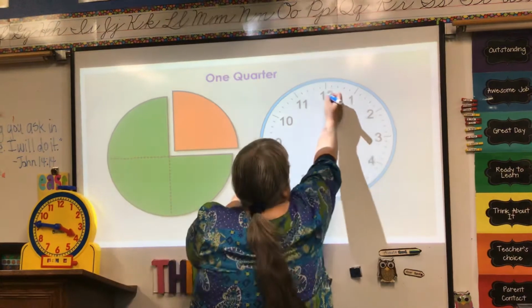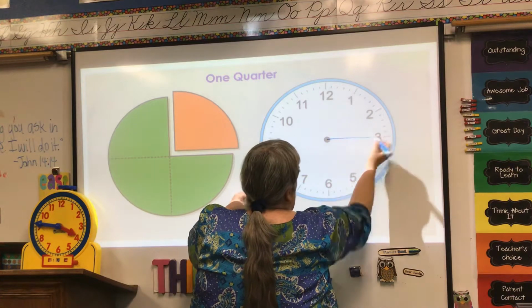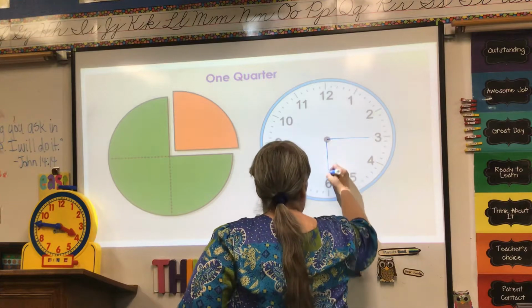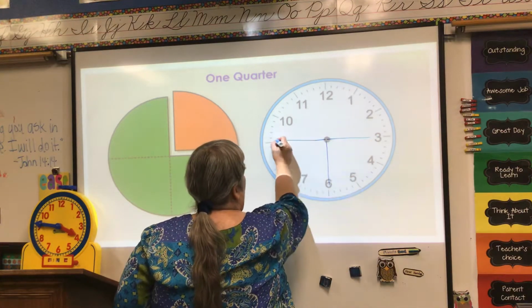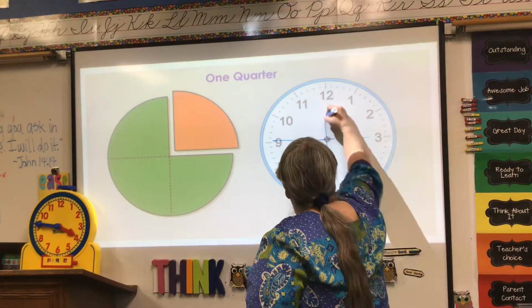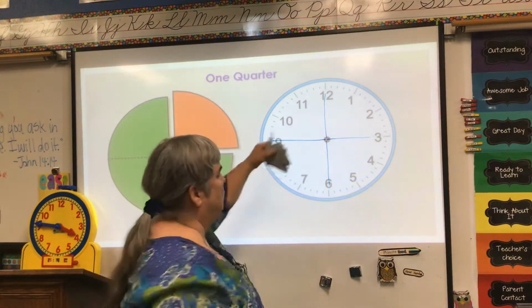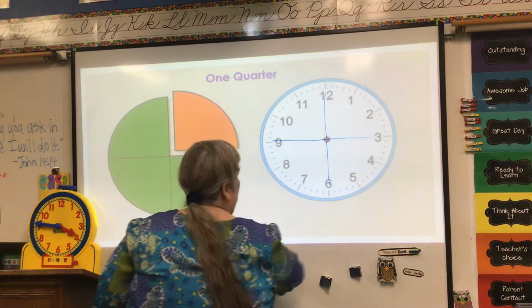So you go 3 numbers. Here's the first division. You go 3 more numbers. Here's another division. You go 3 more numbers. There's another division. And you go 3 more numbers, and there's another division. So there's my fourths. I split the whole clock up into fourths.